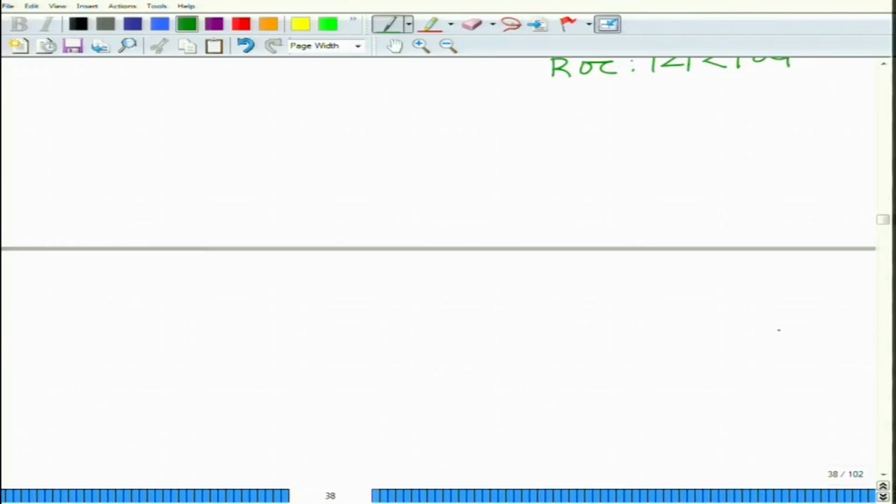Both signals, a raised to n u[n] and minus a raised to n u[-n-1], have the same z transform z over z minus a, but the regions of convergence are completely different.